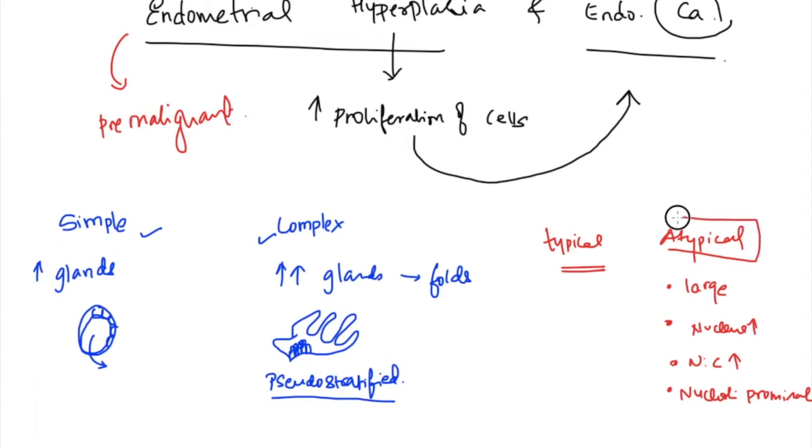So when there is a greater extent or amount of atypia, that means there is increased risk of malignancy. Now we're going to try permutation combination with this and this. So let's take up another sheet here. What are the possible outcomes? It could be simple with typical cells, or complex with typical cells.